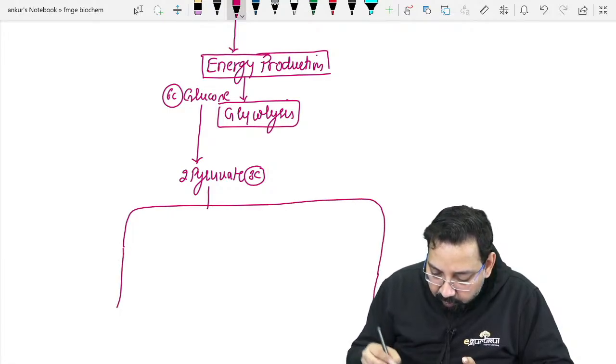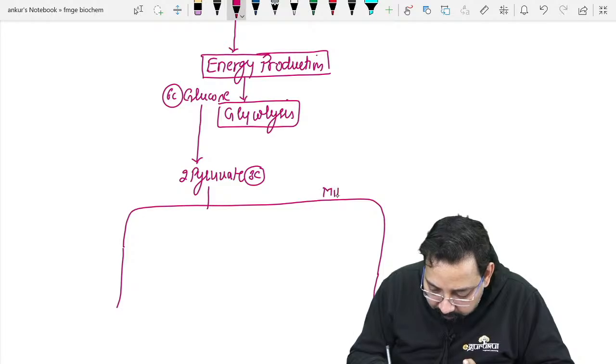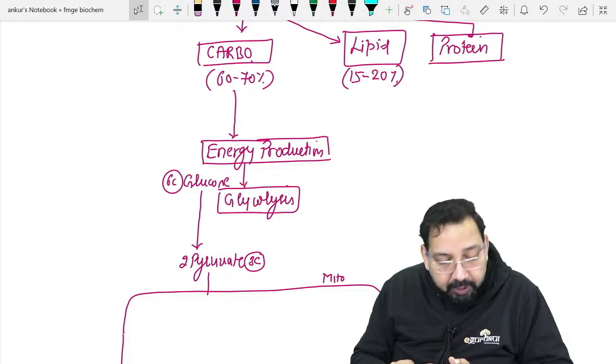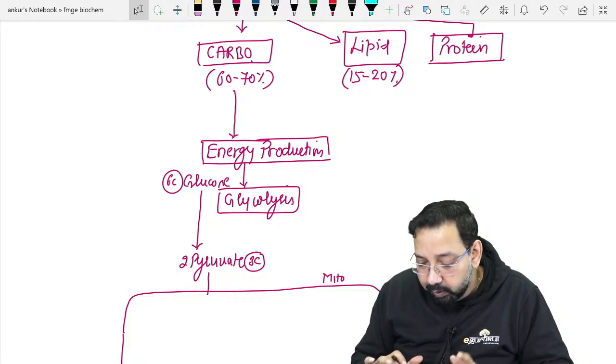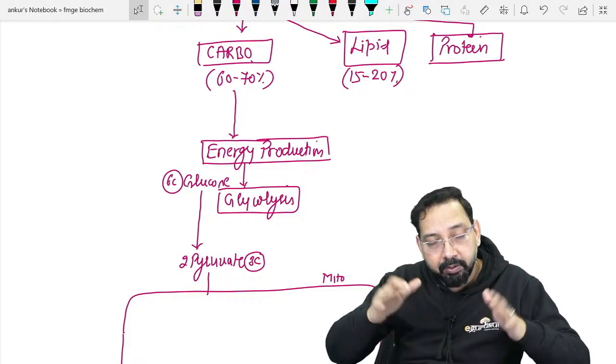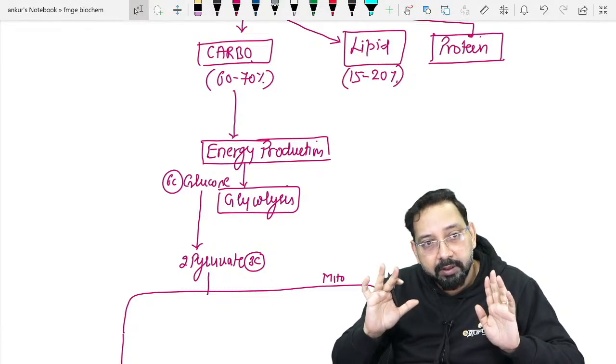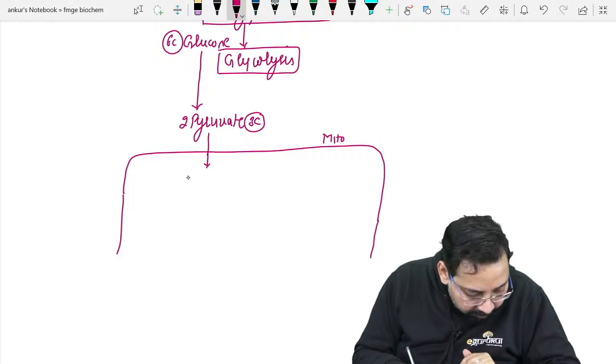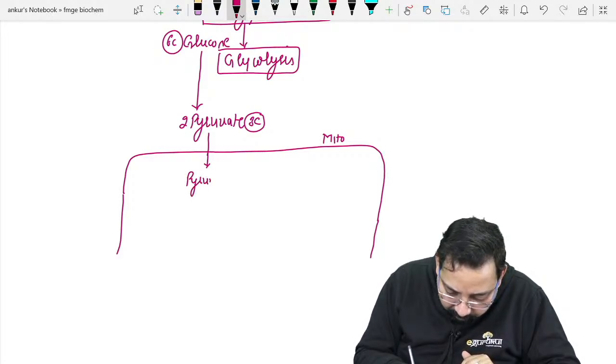This is mitochondria. If I ask you, does glycolysis occur in cytosol or mitochondria? Outside the mitochondria, that is, in cytosol. Pyruvate enters the mitochondria with the help of H ion.